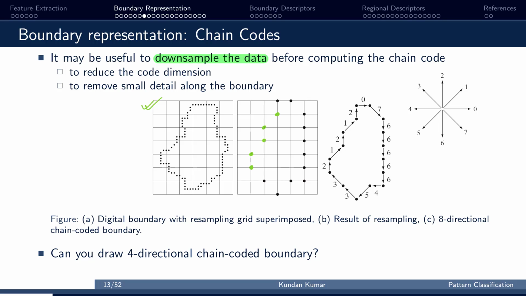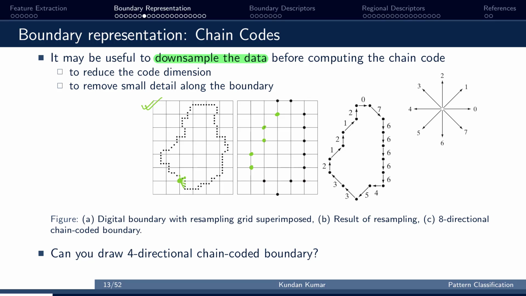For example, suppose this pixel value and this pixel value are close to this grid point. So this pixel will be assigned to this grid point, this will be assigned to this grid point, and this will be assigned to this grid point.